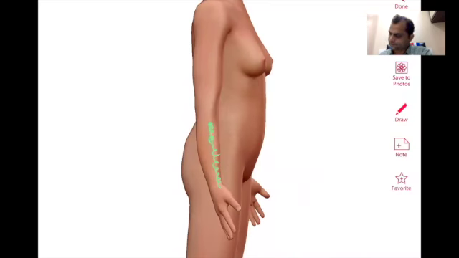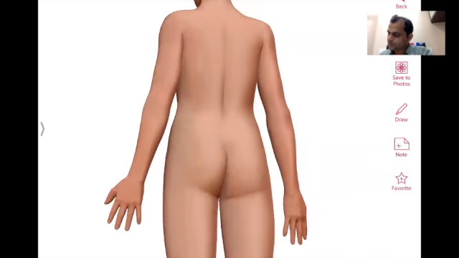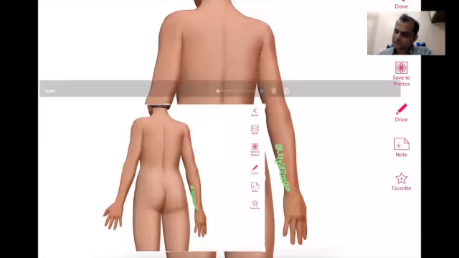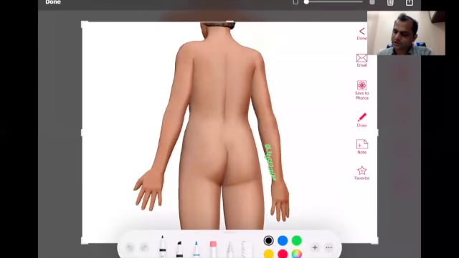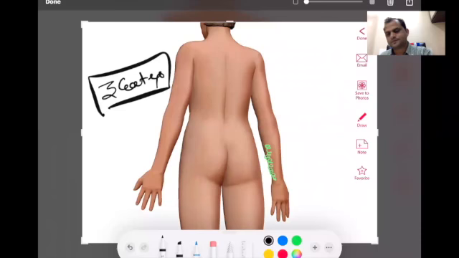Now, if we go to the other side of the junction of yin and yang, here we have our points, three gates. So three gates points are available on the junction of yin and yang.